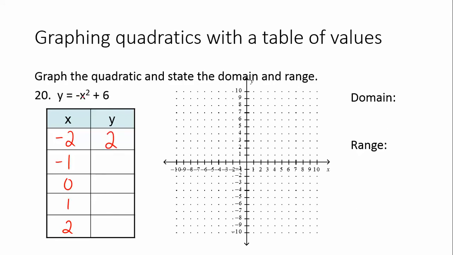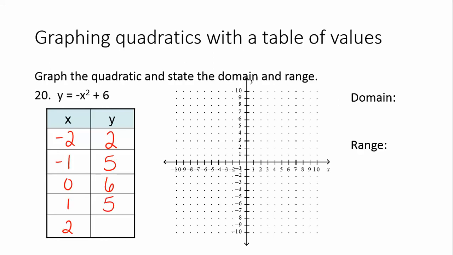If I plug in a -1 and I square it, I get a +1. But then I have to make it negative because we're multiplying by a -1, so we get -1 plus 6, which is 5. We plug in 0, 0 plus 6 is 6. If I plug in a 1, again I square it, I get 1, but then I have to make it negative. -1 plus 6 is 5.